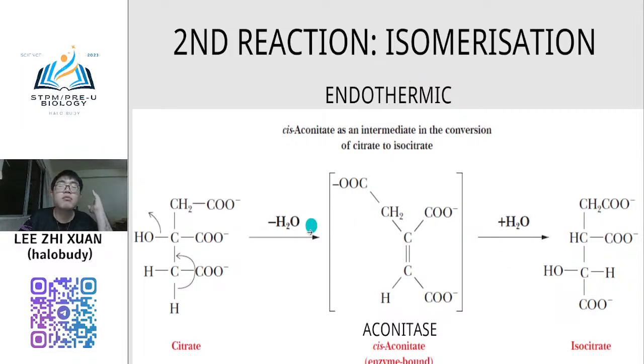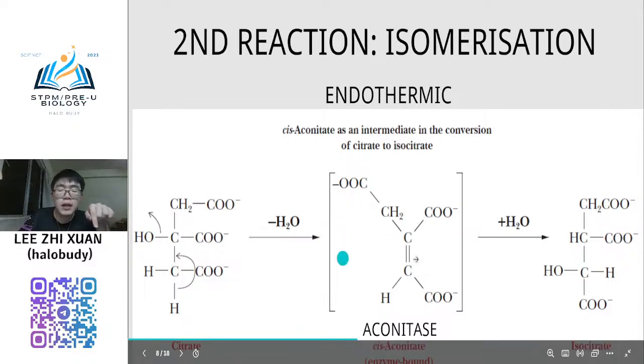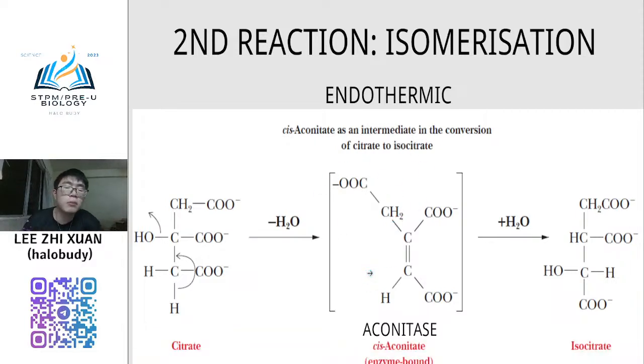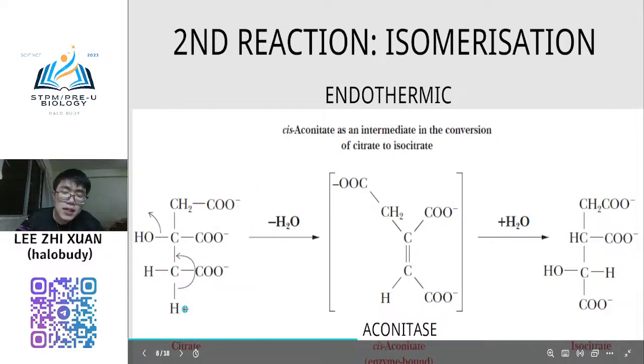Okay, because why does it remove water and then add another water again? Why does it do this? Because it can form the intermediate, cis-aconitate. It wants to form the intermediate because it wants to change the molecular structure of this compound.